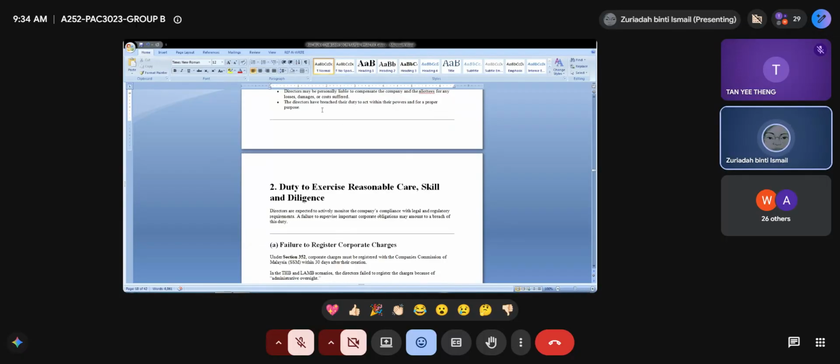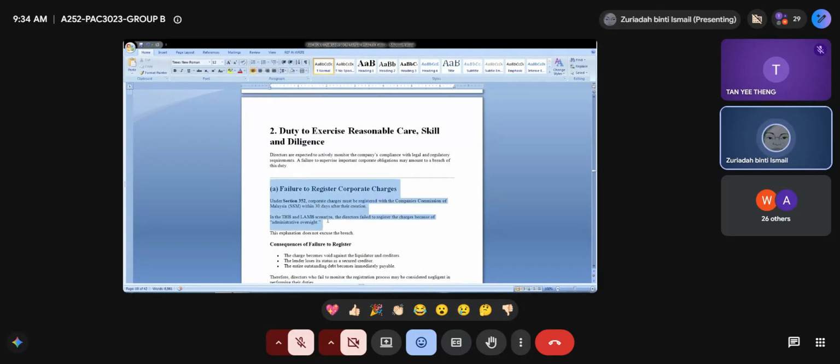Among the consequences from the perspective of the director is that they are breaching their core duty. Number 2 is the duty to exercise reasonable care with skill and diligence. This is another.